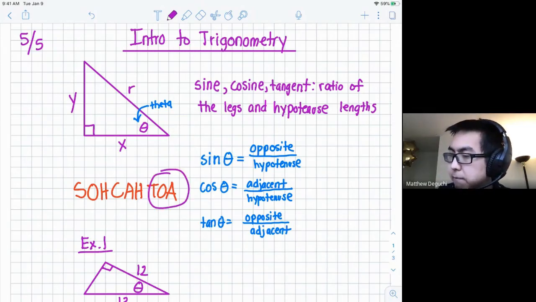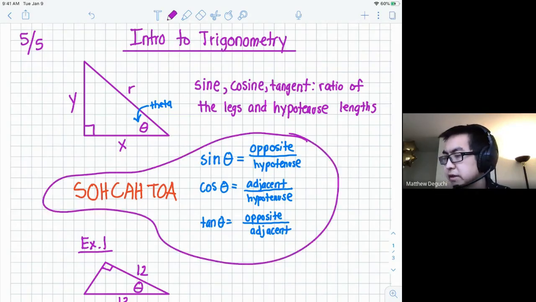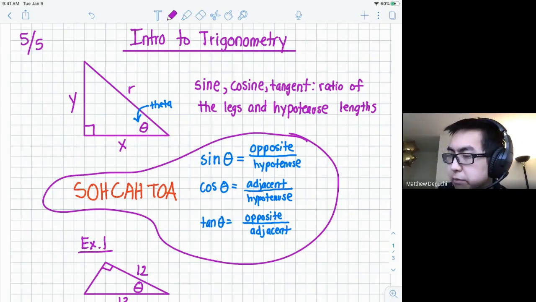Whenever you do this, always try to be in the perspective of theta, the angle measurement, and that determines if the side length is opposite, adjacent, or the hypotenuse. Definitely get used to this, because it's going to be crucial when you learn about trigonometry.